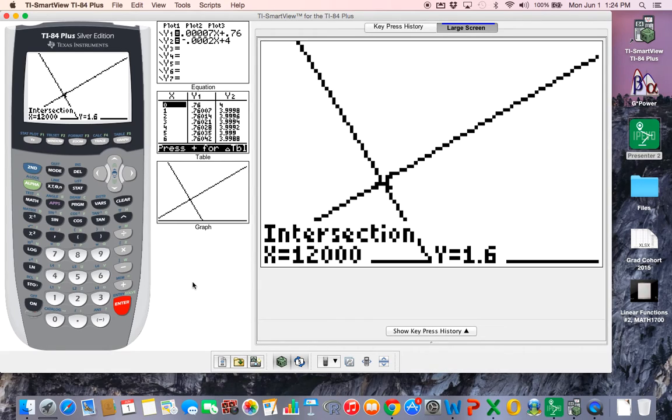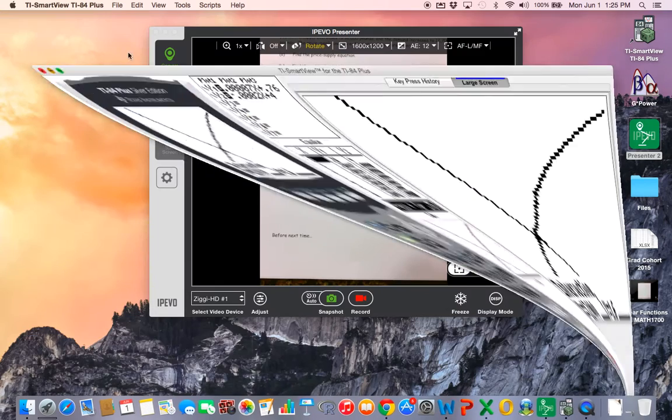So guys, what I know now is this graph that I gave you early on crosses at 12,000 and $1.60. So 12,000 and $1.60.